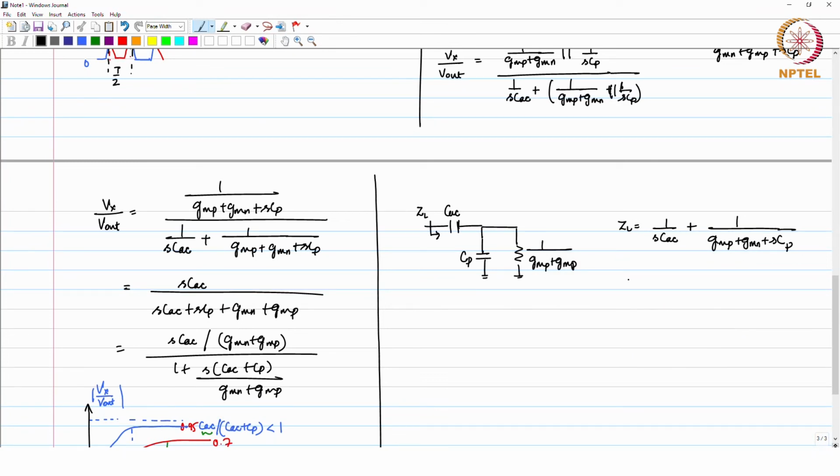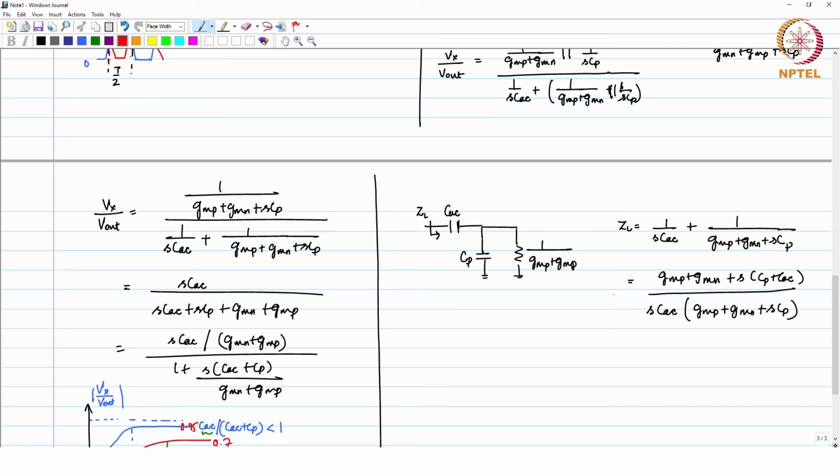So, you have an impedance here which is going to be, let us just look at it, GMP plus GMN plus SCP plus CAC, divided by SCAC into GMP plus GMN plus SCP. Okay. So, you get impedance loading on the oscillator.